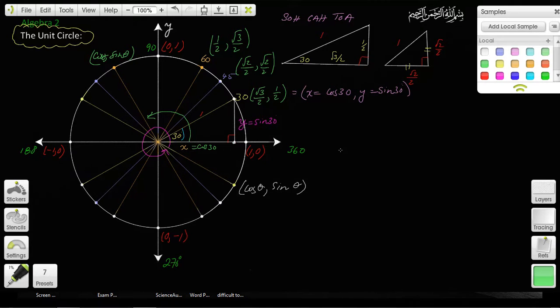So that is the beauty of the unit circle. The unit circle is a collection of all points whose ordered pairs correspond to the cosine and sine of the angles thus generated.